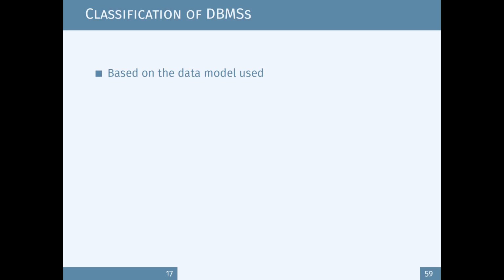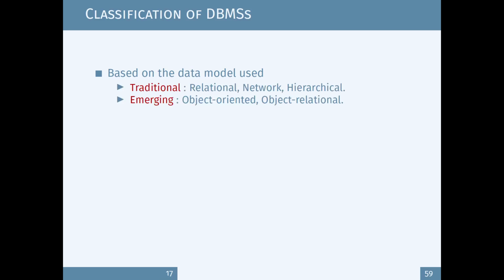One way is to categorize based on the data model. In traditional databases, we have relational, network, and hierarchical. We are discussing the relational database system, which started around the 1970s, and we still use relational databases. But we have emerging ones, object-oriented, object-relational, and even new ones like NoSQL databases, that come as new data models.